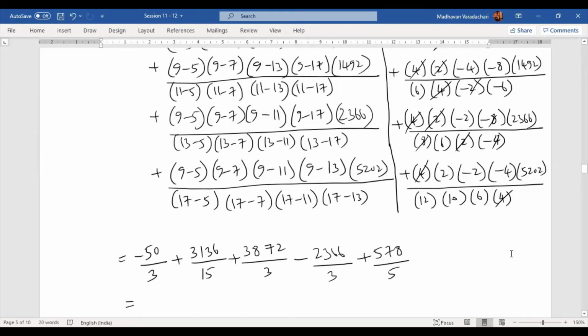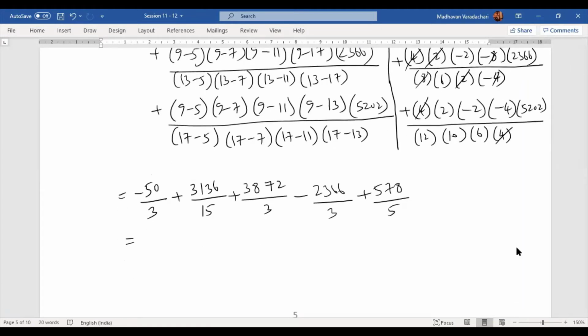So if we further simplify this, we will get what? 50 divided by 3, it is negative 16.7. This is 3136 divided by 15, we get 209.1. This is 3872 divided by 3, we get 1290.7.